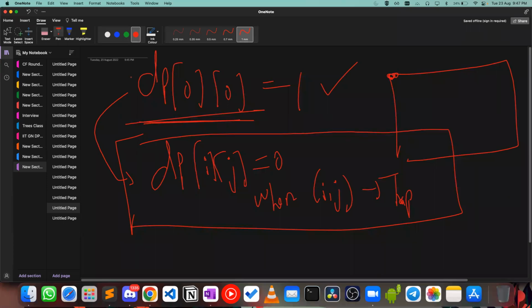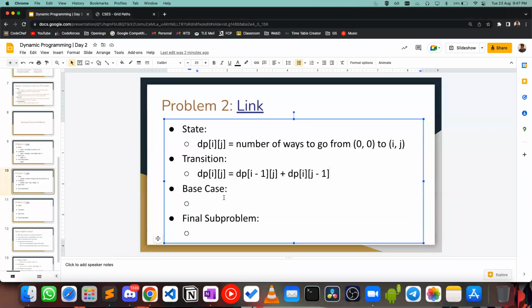Is this correct? Somebody had unmuted and asked this doubt, that this transition will not work when you have a trap. So can I say that if I define a base case, then this will work? Okay, great. So first I say dp of 0, 0 is equal to 1.